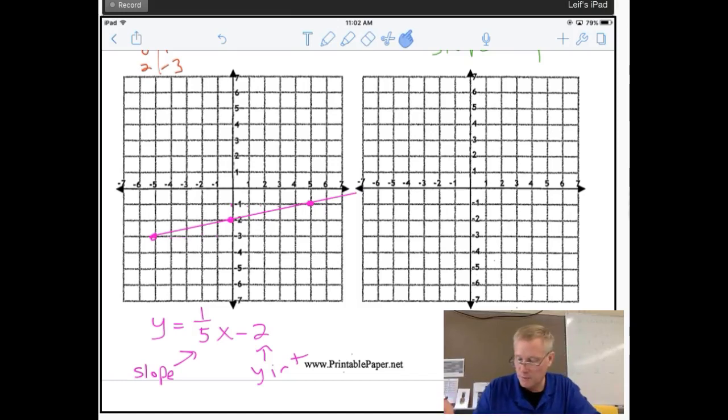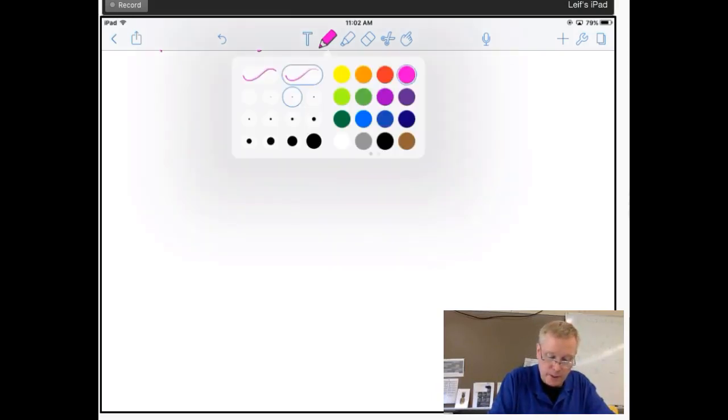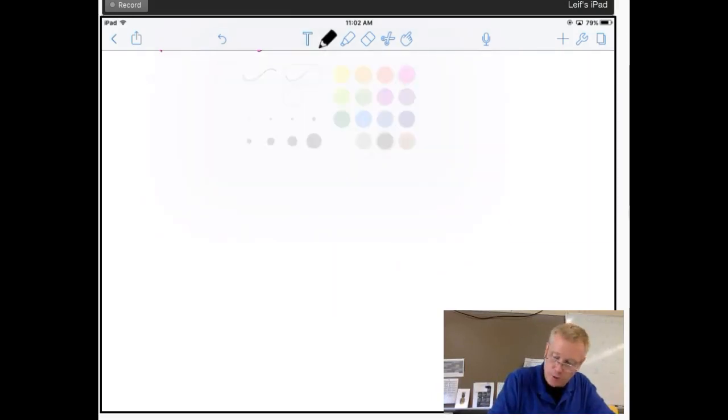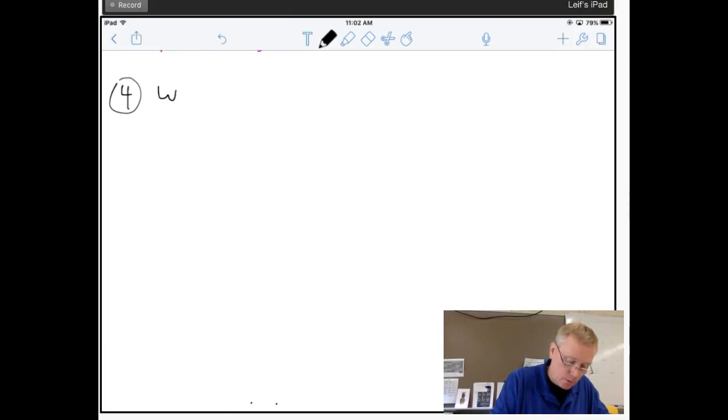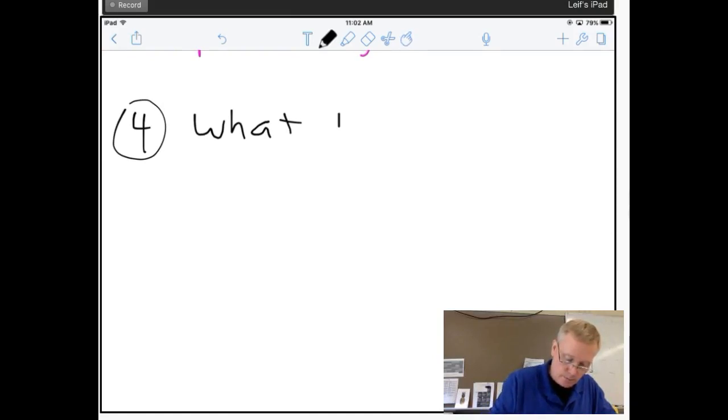So those were the first few problems I wanted to go through with you. Next, I am going to do one of the table problems. Now, these are ones where I give you the table and ask you to come up with the equation. I'm going to call this question number 4. What is the equation that goes with this table?